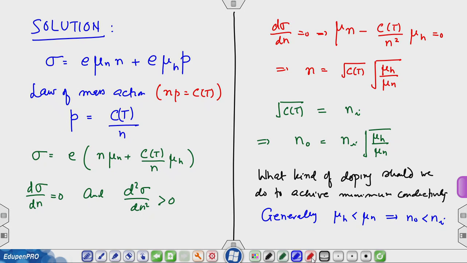So, you do dope by acceptors, increase the number of holes, and that will give you the minimum conductivity. That makes sense. If you have mobility of holes smaller than mobility of electrons, to minimize conductivity you want more holes and less number of electrons. I left it for you to check that this is indeed a minimum, because the second derivative condition gets satisfied at this n0.